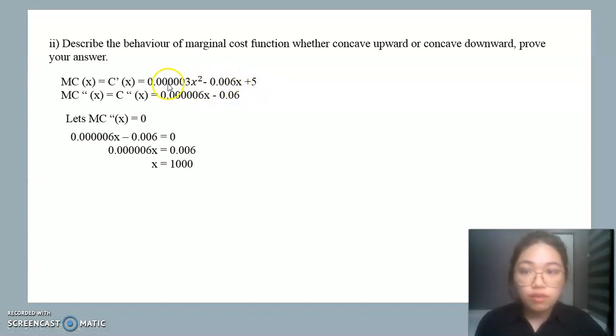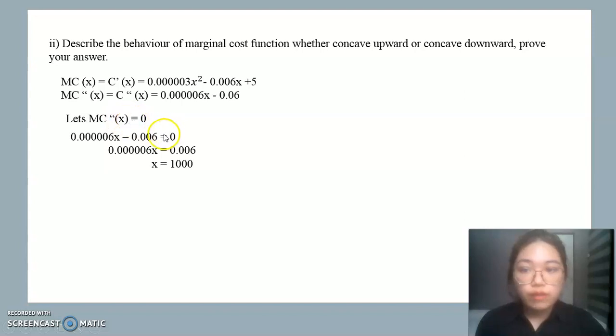Then we differentiate the marginal cost function to get 0.0006x minus 0.006. Then to find the critical point, we need to set this equal to 0 in order to find x, the critical point.